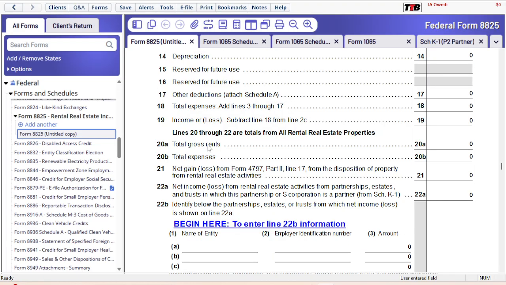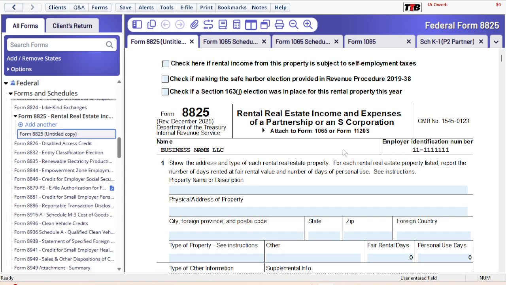So, but then we have this. So that means this is for each property. So that means you are going to name this property 1.